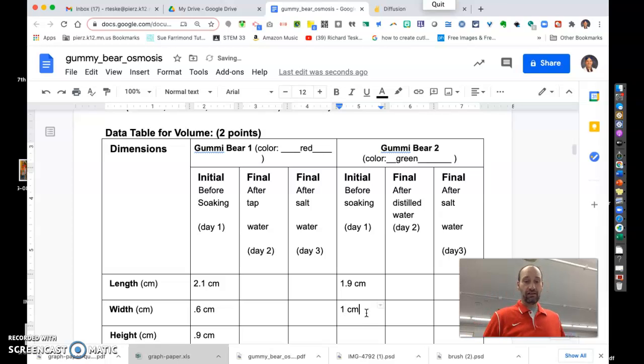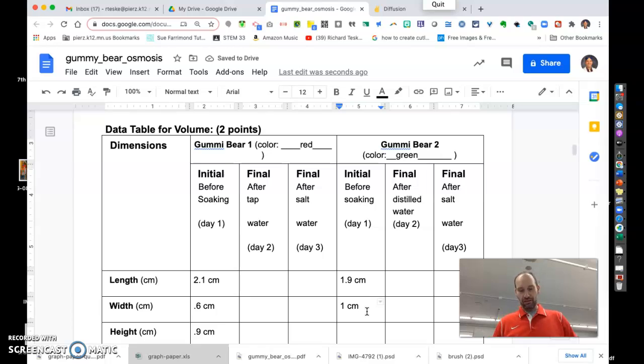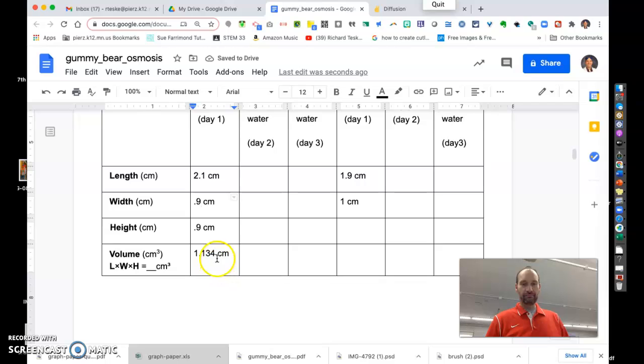And granted, why am I that far off? Actually, I messed this one up. This is 0.9. Ugh. So that's going to change this answer. Sorry. So change this one to, let's try that again.